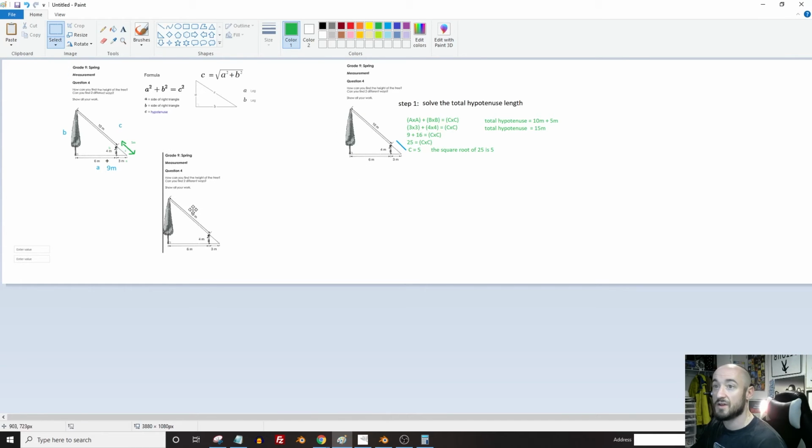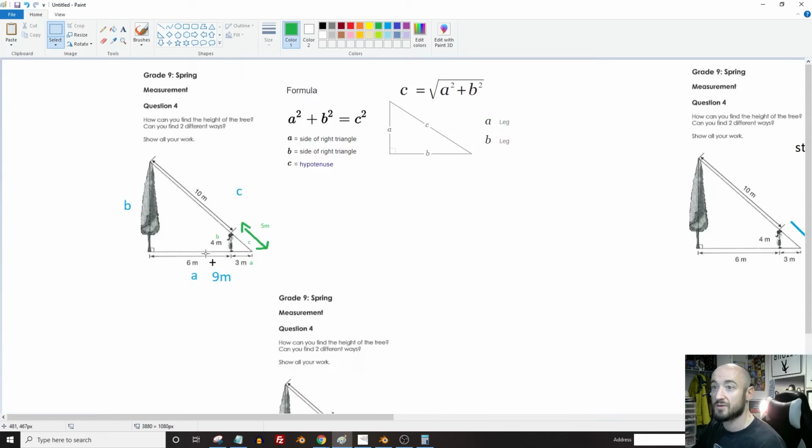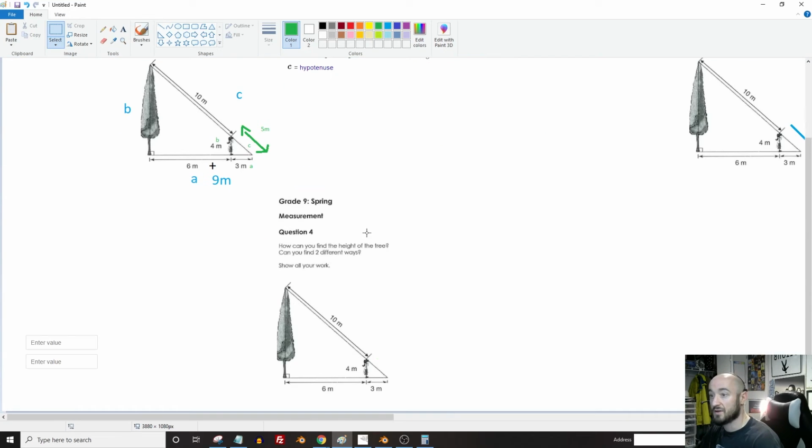So now knowing what we know, a squared plus b squared is equal to c squared, we can plug in the numbers we have. So this whole length now, I'll just mark that out, we know we have calculated is, I'll do a little arrow, little arrow, little arrow, little arrow.